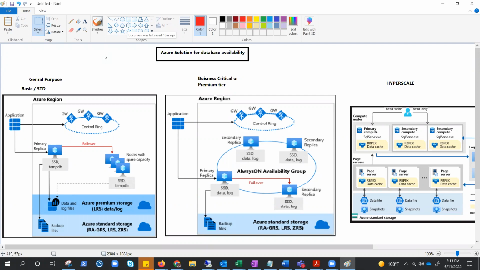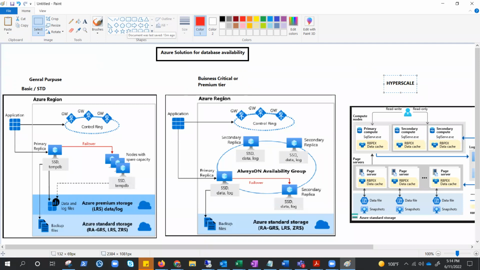In DTU, we call it basic, standard, or premium, or we call general purpose and business critical. So that's how I have represented right here. Basic standard you can equate with general purpose, business critical as premium, and hyperscale we know it doesn't exist everywhere except Azure SQL, so there is no comparison.